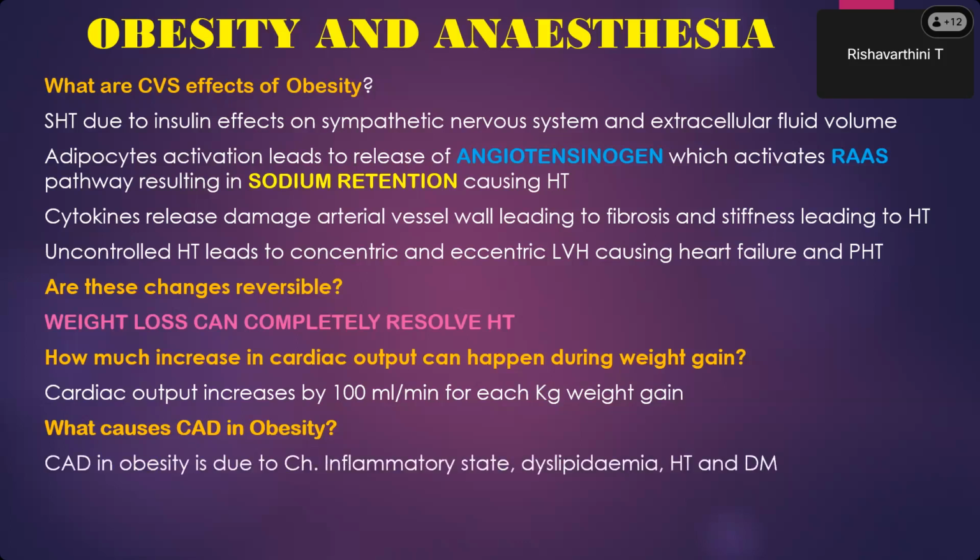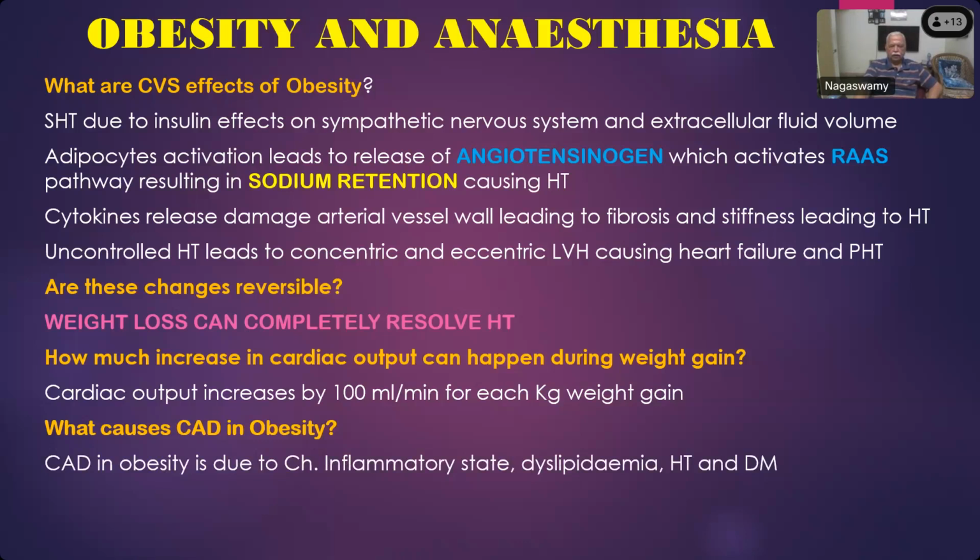So in obesity, atherosclerotic deposit. Chronic inflammatory state, dyslipidemia, hypertension, and early onset of diabetes mellitus. These are the 4 pathological changes that happen in obesity, which also lead to coronary artery disease because of atherosclerosis formation in the coronary vessels.